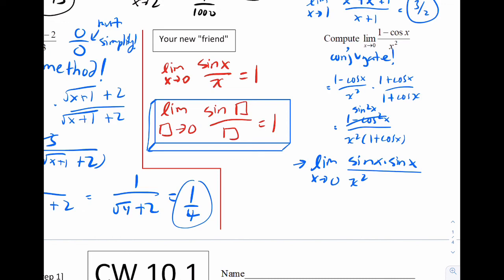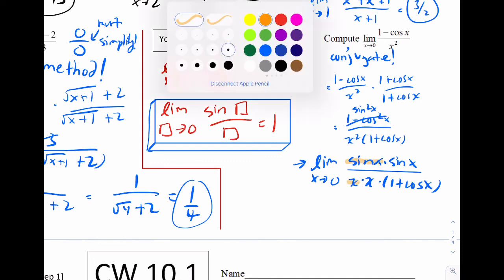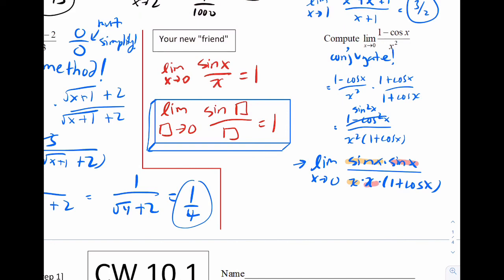Let's think of x squared as x times x. We do that because now we can use our friend, our identity over there. Sine x over x, sine x over x. These, because we're approaching 0, become 1.